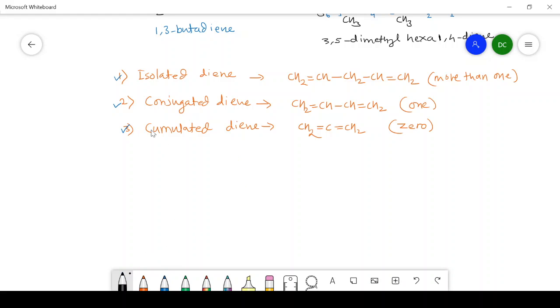Out of the three types of dienes, in this lecture we will discuss the conjugated diene, and the name of that conjugated diene is butadiene.